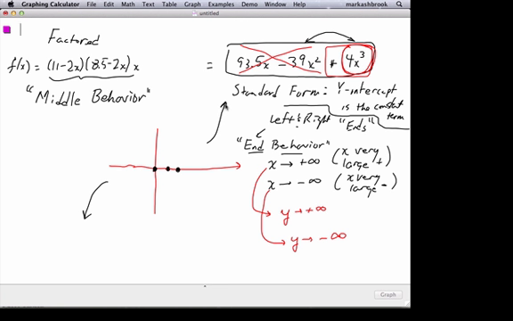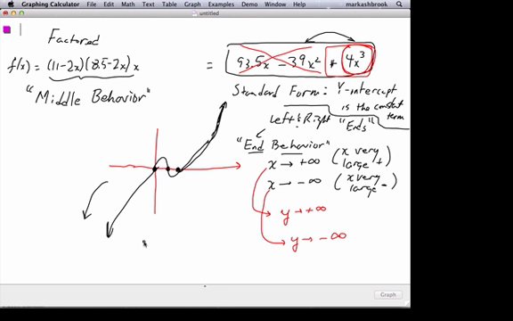So now we have enough to start connecting the dots here. Pretending that we hadn't seen the graph yet, it's going to go from here up to positive infinity. It's going to go through and come back around, go up, come back down, and then go to negative infinity.